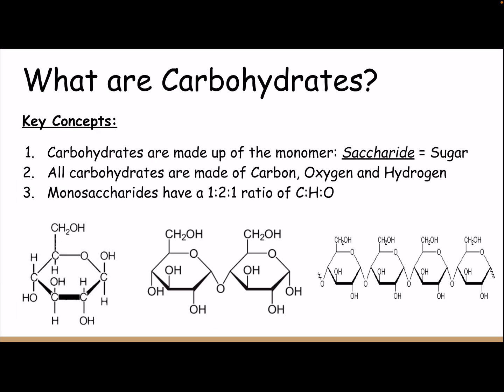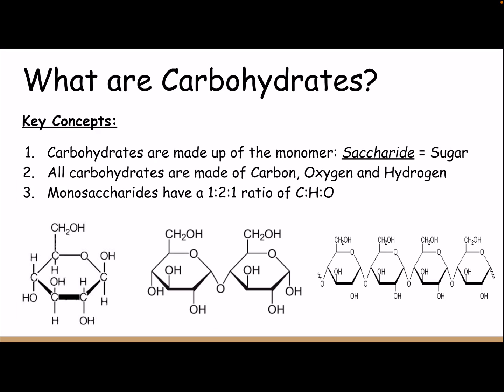When we think about carbohydrates, they are sugars. That's the big thing that we need to understand. Carbohydrates are sugars, and they are made up of the monomer saccharide, and saccharide means sugar. So when we are talking about the monomer of a carbohydrate, we often refer to that as a monosaccharide.